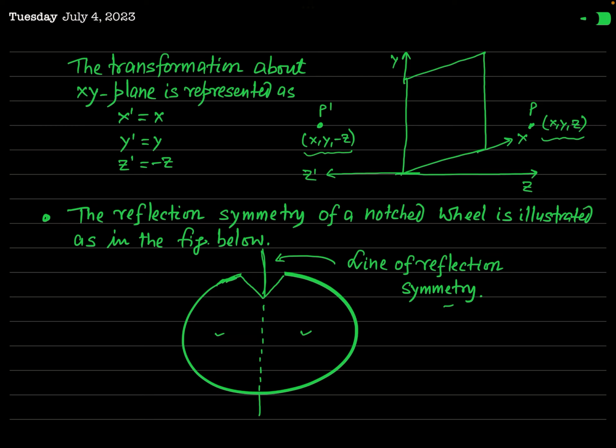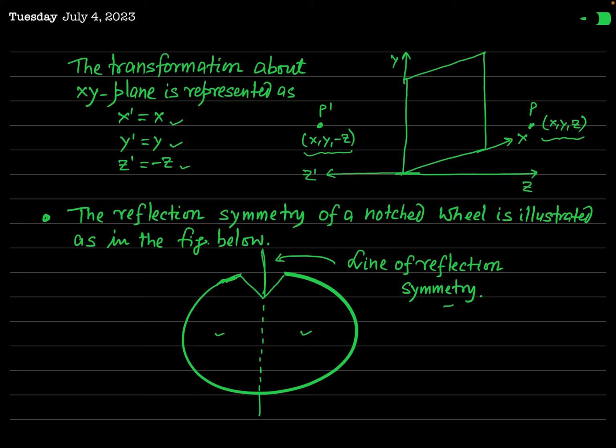So if the reflection plane is the xy plane, the coordinate transformation is: x dashed equals x, y dashed equals y, but z dashed equals minus z.